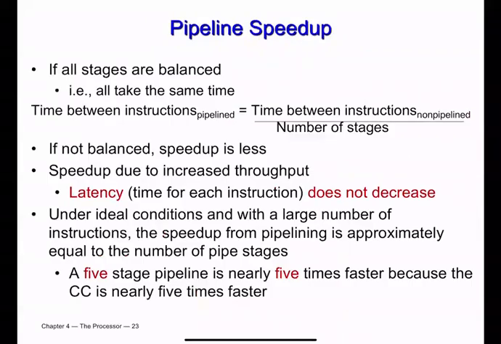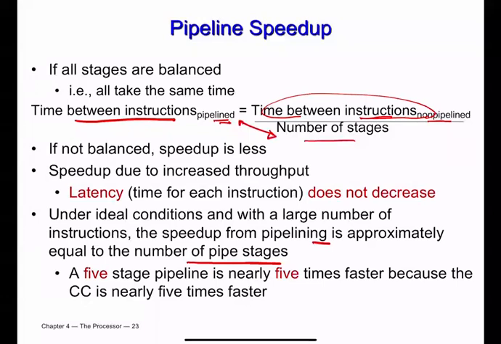So in order to get a sense of the pipeline speedup, you can follow this formula. The time between instructions in the pipeline case equals the time between instructions in the non-pipeline case divided by the number of stages. Meaning that under ideal conditions, and with a large number of instructions, the speedup from pipelining is approximately equal to the number of pipe stages, meaning that this guy is equal to this multiplied by that.